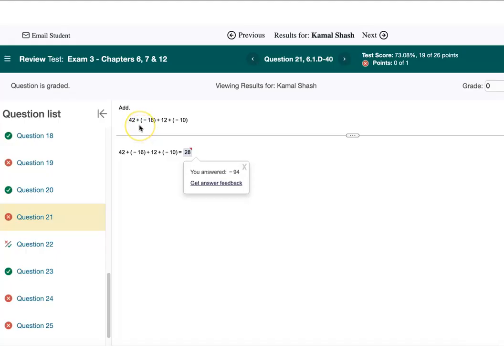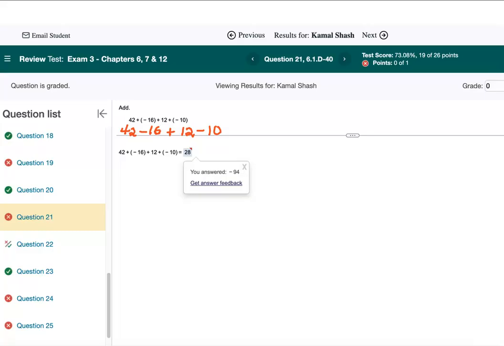Addition and subtraction is all you have in this question, and you just want to complete that from left to right, like you're reading a book. So you could treat this as multiplication, the signs right here, and you could rewrite this as 42 minus 16 plus 12 minus 10, if we simplify the signs a little bit.